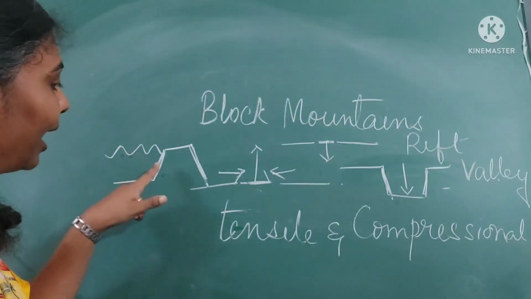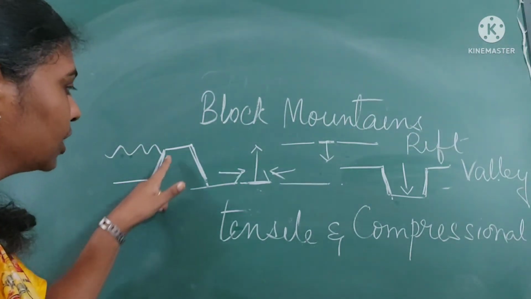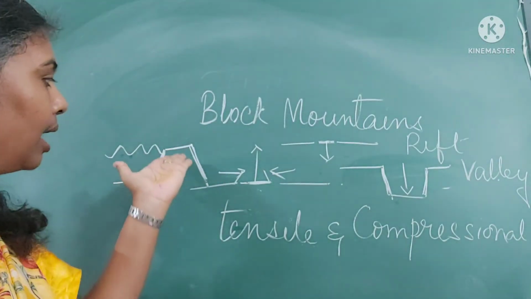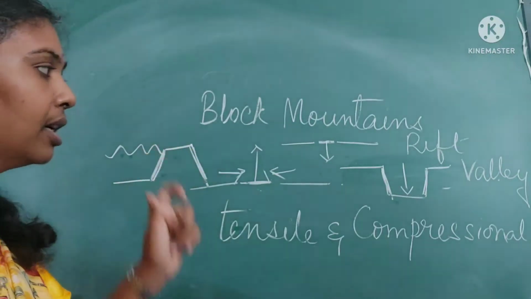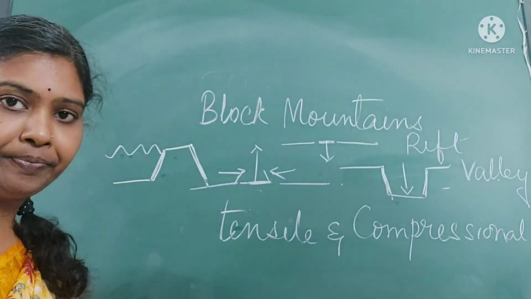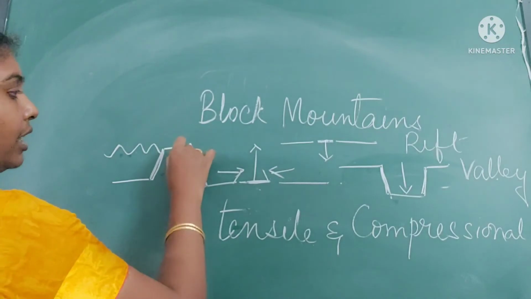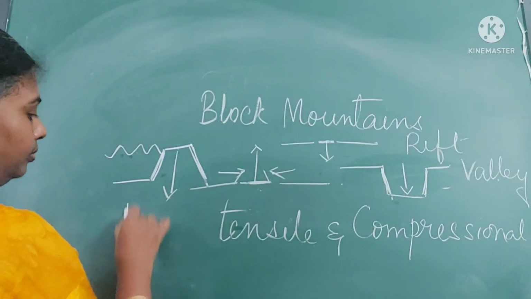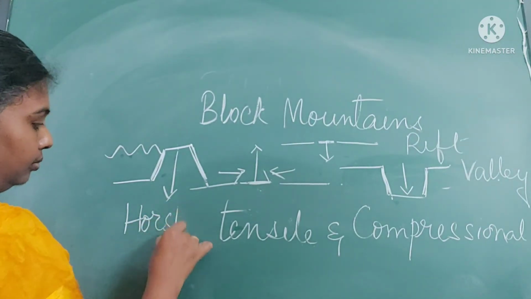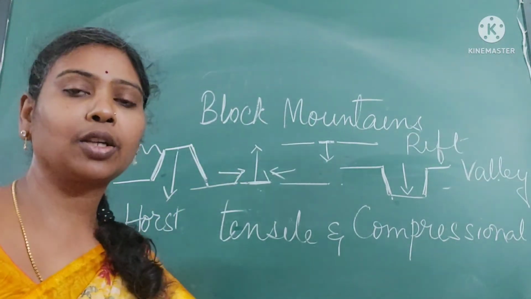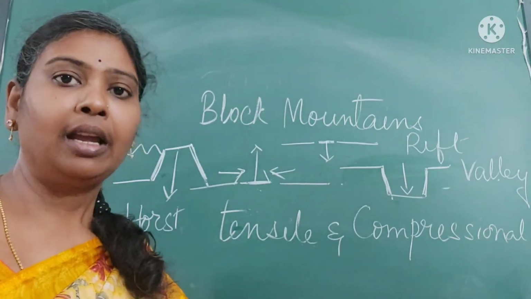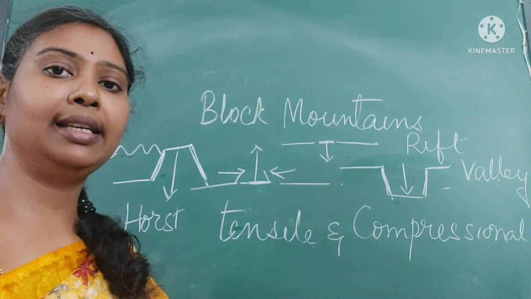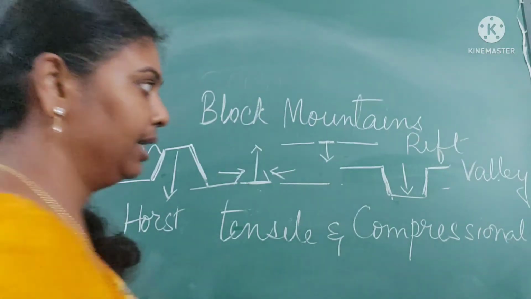This fault is pushing the middle parallel part up, so this becomes a block mountain. This block mountain is also known as a horst, and rift valley is also known as a graben.